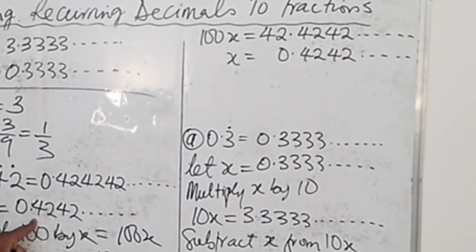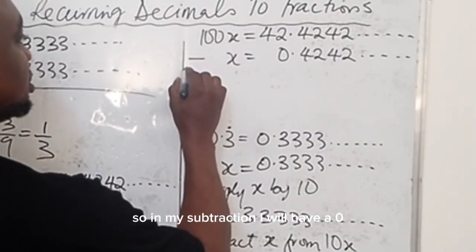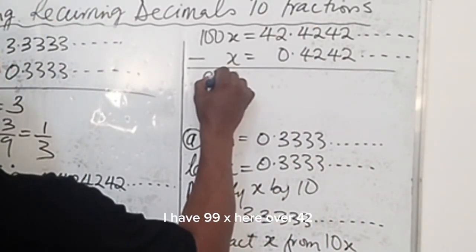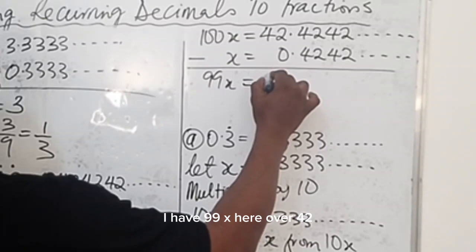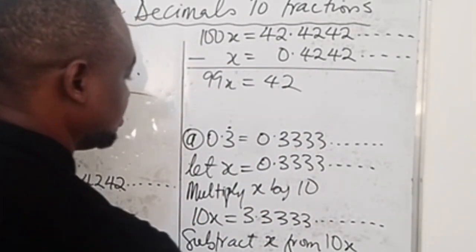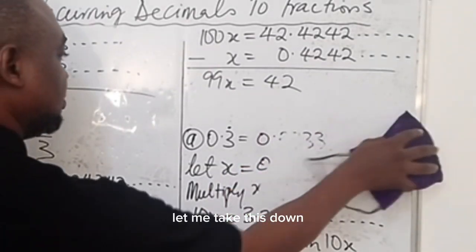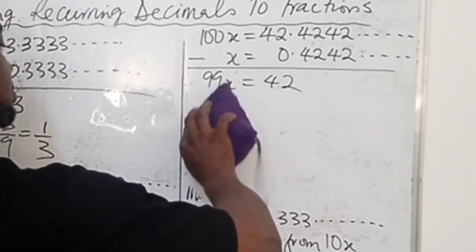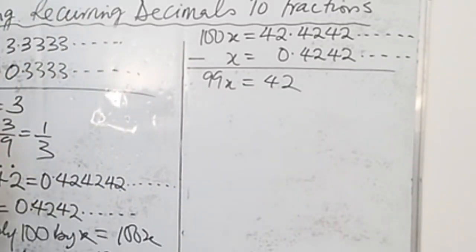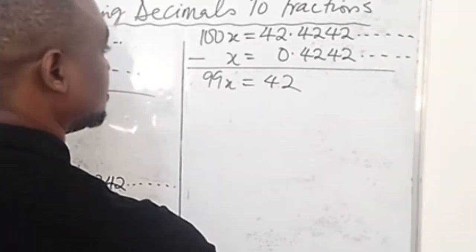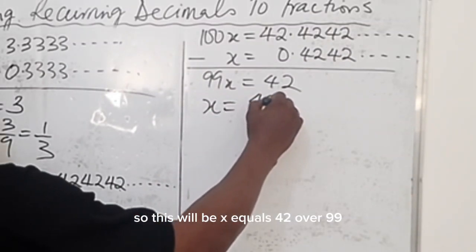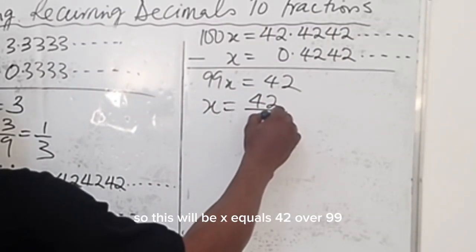Look at it. So in my subtraction, I will have a 0. I have 99x here equal to 42. So this will be x equals 42 over 99.